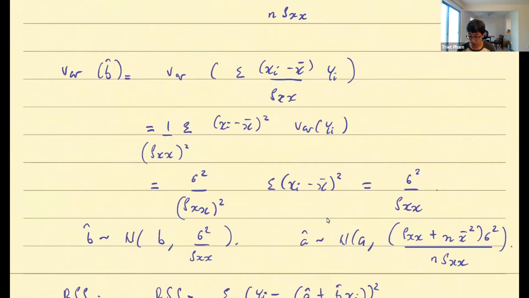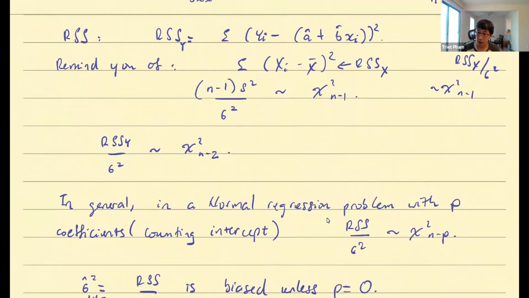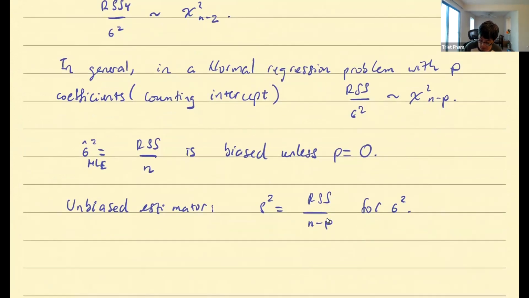So the purpose of RSS, doesn't matter Y or X, I just separate them because I don't want to confuse you between these cases. Basically, this is the regression when you only run regression on the intercept. This is a regression when you run regression on two coefficients. And in general, you can run regression on p coefficients like this.